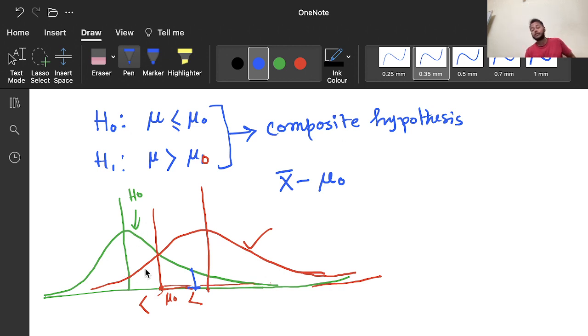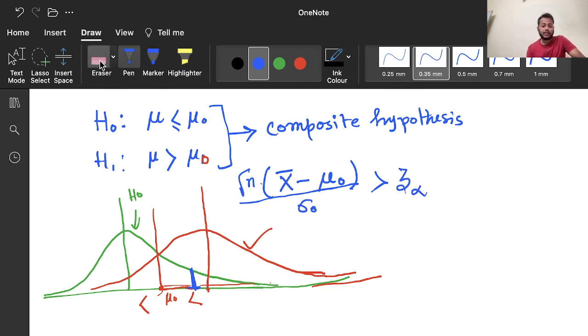So what will be the limit at which we reject the null hypothesis? That is when root n times (x bar minus mu 0) by sigma 0 is greater than z alpha.